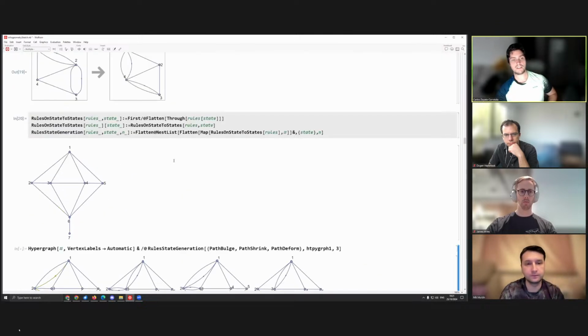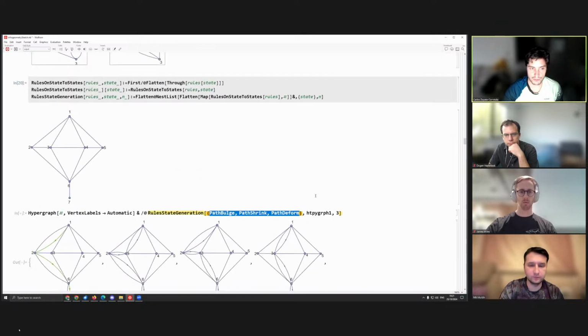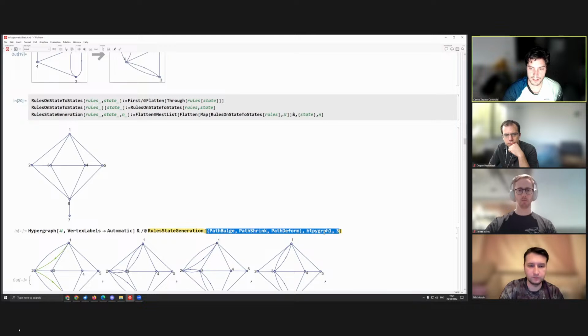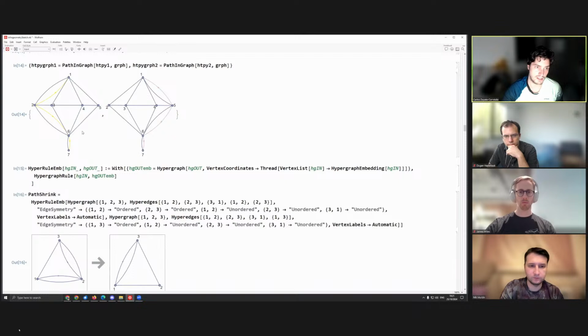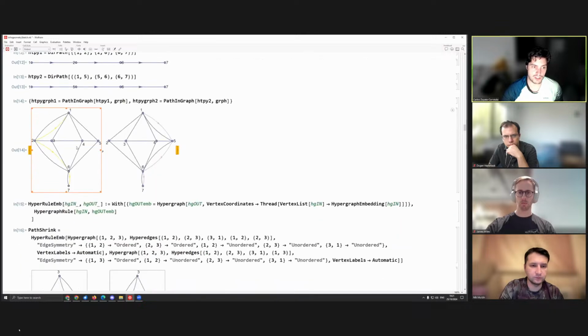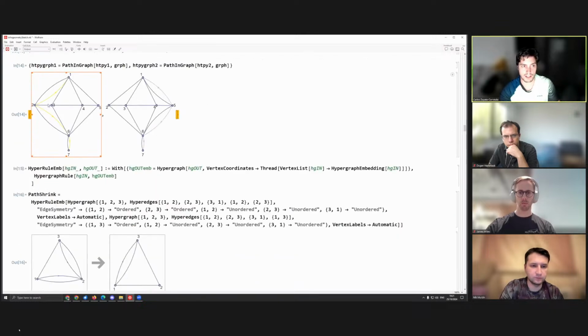So I apply these 3 rewrite rules, as you can see here, the bulge, the shrink, and the deform, to the homotopy graph 1, which in this case had the path going 1, 2, 6, 7. As you can imagine, the rules are going to apply and push this yellow path to maybe go from 1, 3, 6, 7, or make it shorter and go directly from 1 to 6 and things like that.